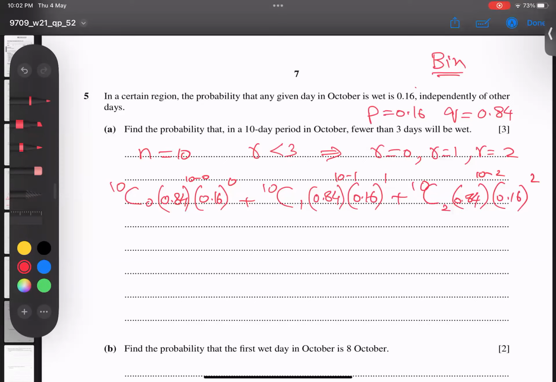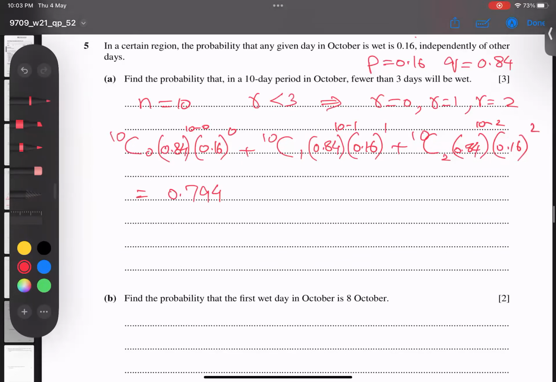If I apply it and type it all together, the final answer comes out as 0.794. Okay students, let's go for the next part.